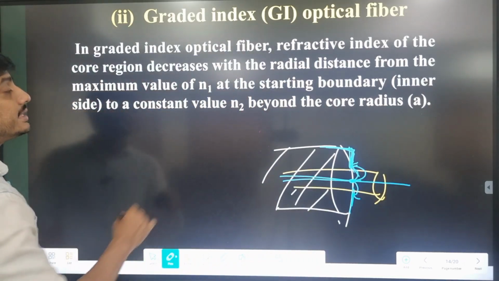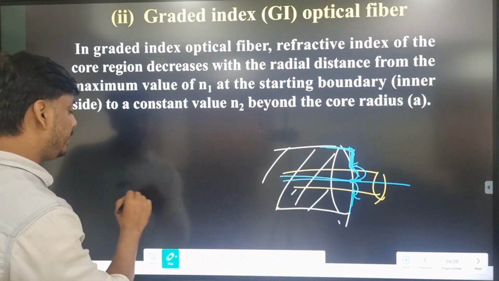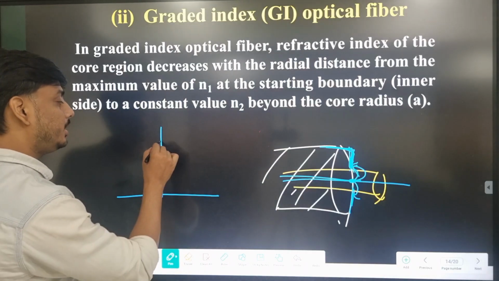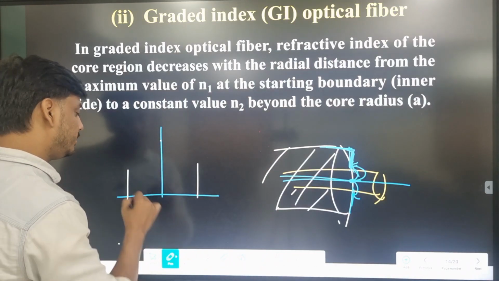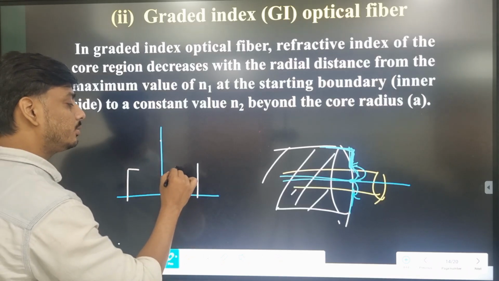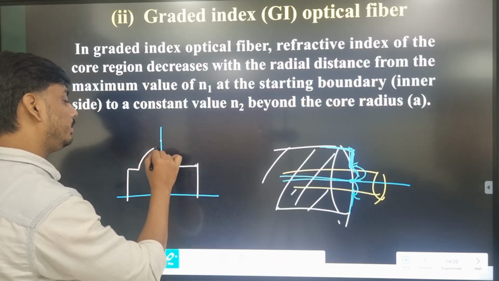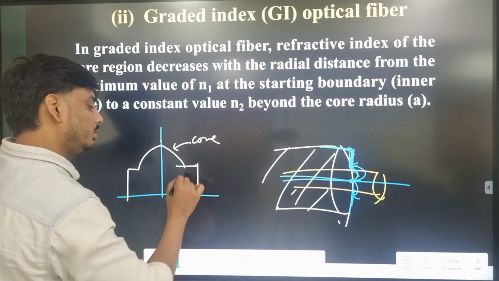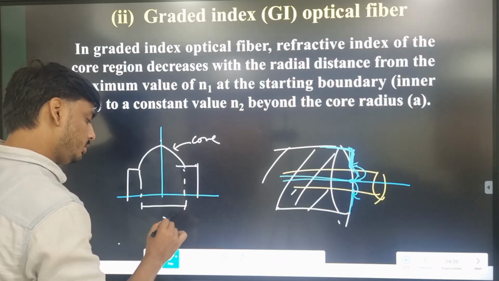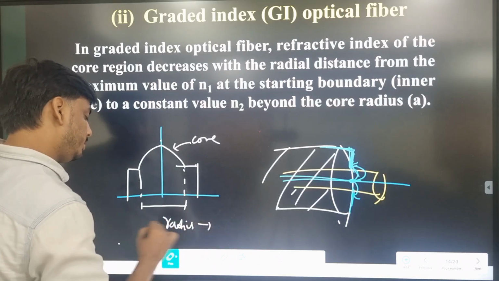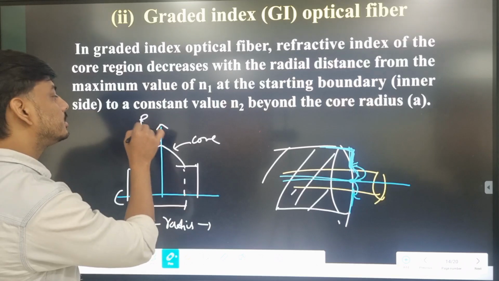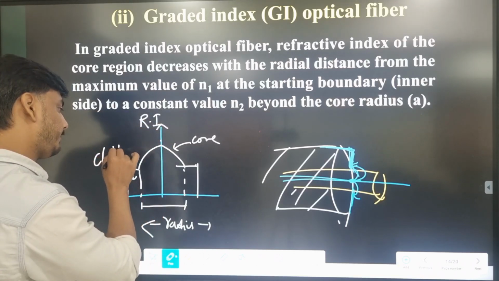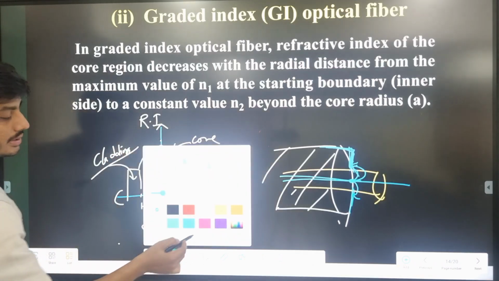Since there is a gradual decrease in refractive index, this is said to be a graded index optical fiber. At the center it has maximum value. Let this be the core region. This is the core diameter, radius along this, the refractive index, and this is the cladding.